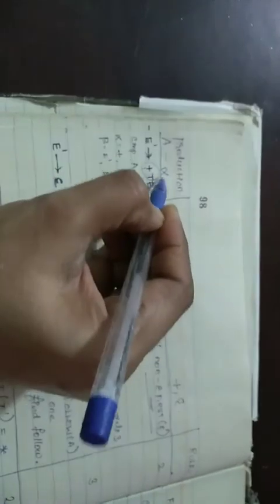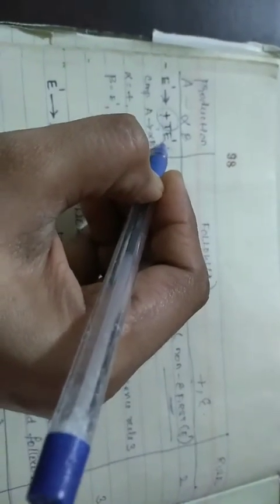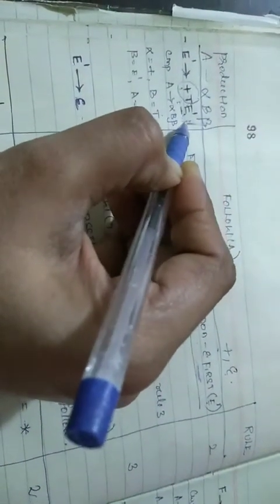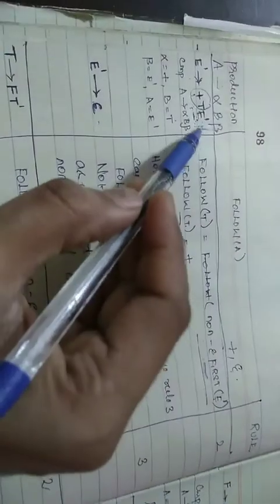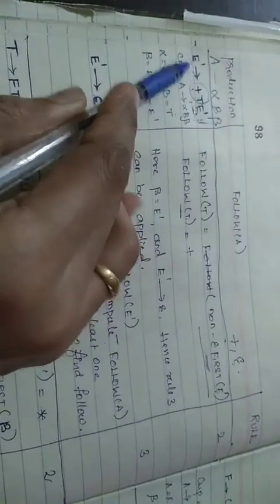Your B is E dash, because that is one more non-terminal. Beta is epsilon. Since beta is epsilon, follow of B equals follow of A. What is follow of B here? E dash. Follow of E dash is follow of E dash.